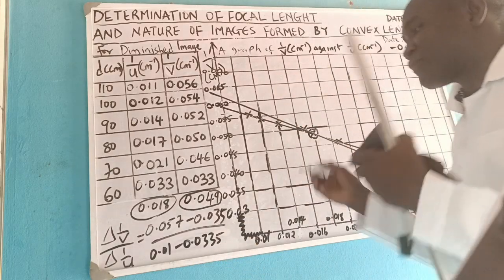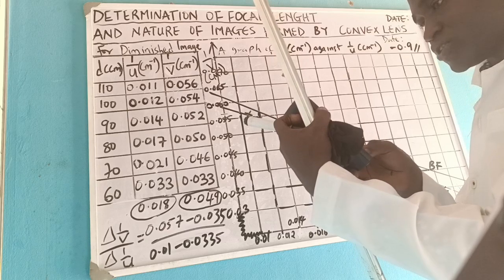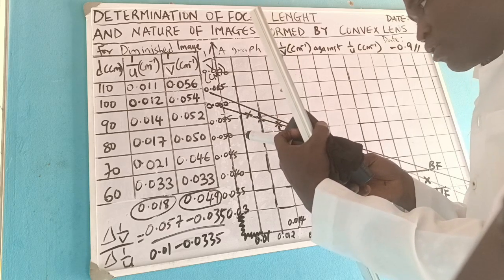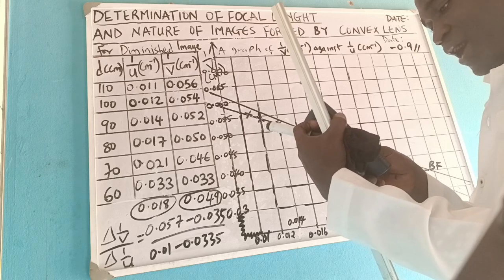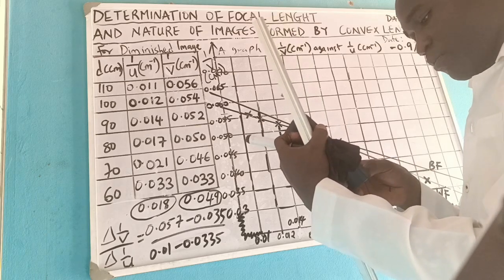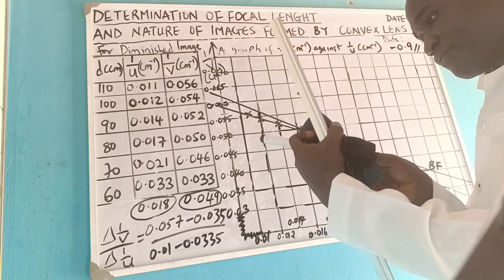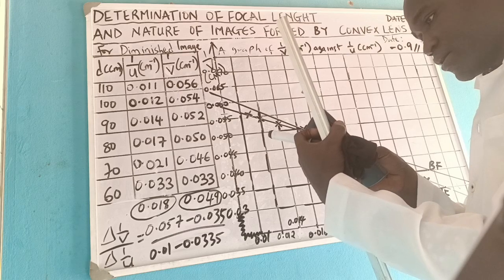So it will be 0.0335, not 35. Please, that is an error from me. Let's check it again. 0.057 minus 0.035 divided by bracket 0.01 minus 0.0335.